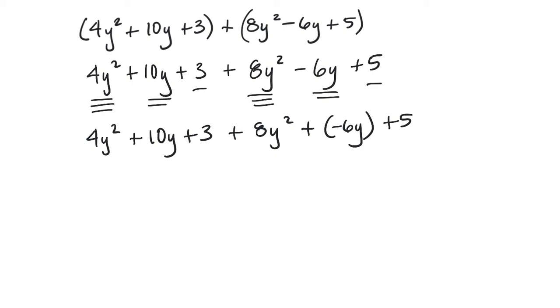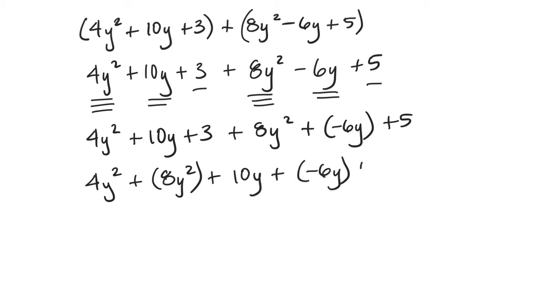Now I can move things around as I wish. 4y squared plus negative 6, so it's going to be 4y squared plus 8y squared plus 10y plus negative 6y plus 3 plus 5.